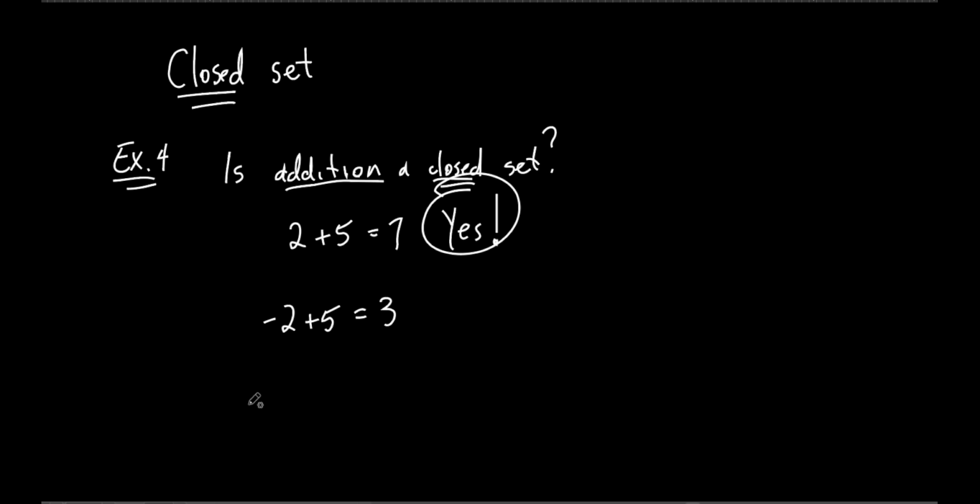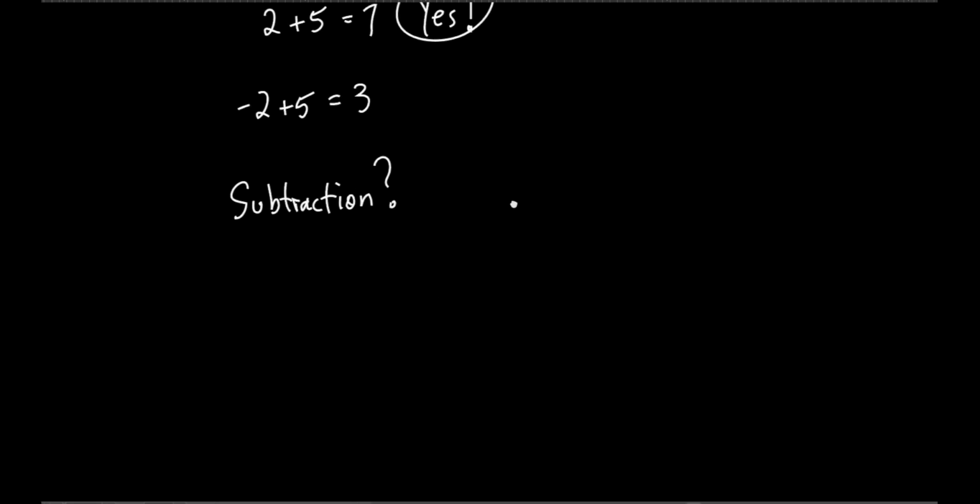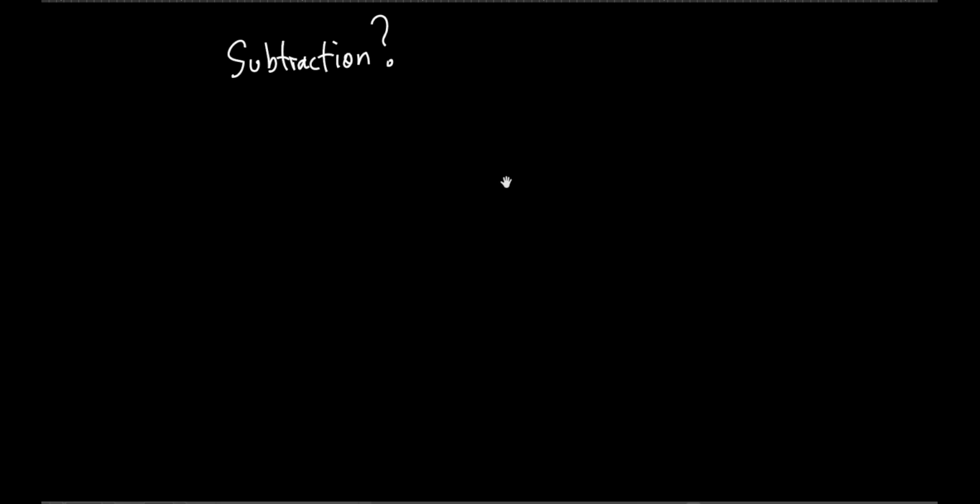The second problem says, is subtraction closed? It's still example 4, okay? It's just part A, part B, all that stuff. Is subtraction a closed set? Well, let's do this. What if I had 5 minus 2? What's that? That's 3, okay? Integer, integer, integer.